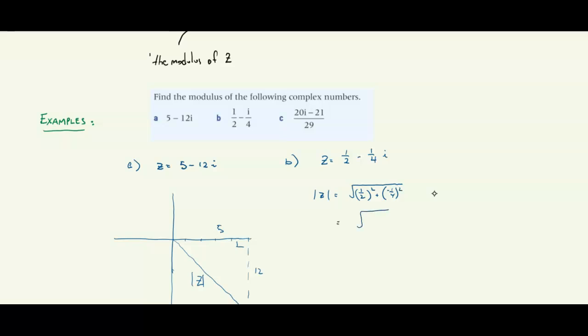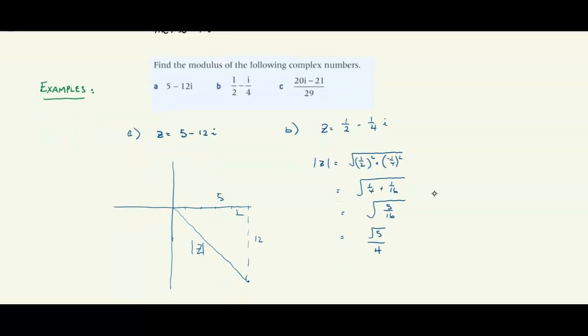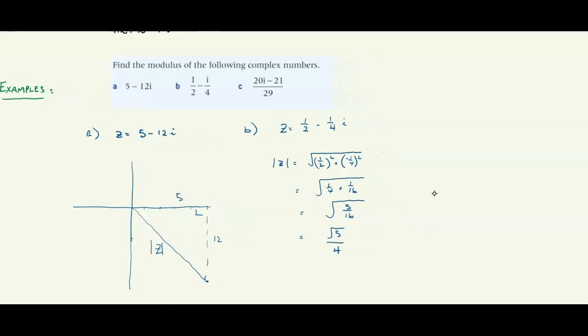So I've got the square root of 1/4 plus 1/16. If I put these together, I've got 4/16 plus 1/16, which is 5/16. Or if I split my surd up, it's the square root of 5 over 4. There's no negative value here. My modulus is always positive. I'm finding a distance, I'm finding a length.